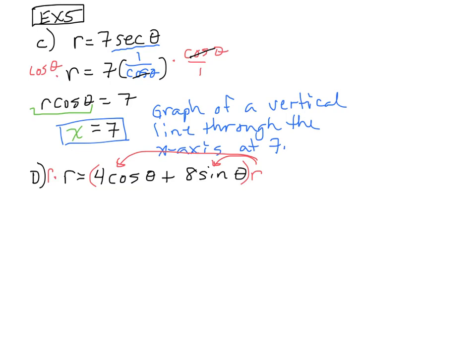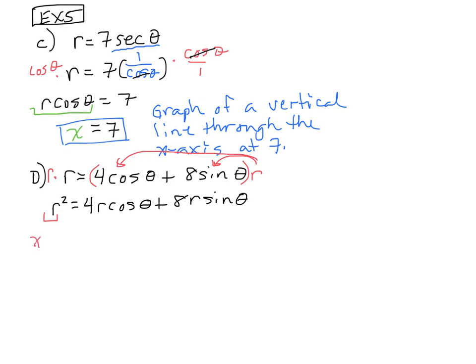So when you actually simplify that, you get r squared is equal to, and I prefer to write this r here when I distribute it in between the 4 and the cosine, because I always want it in front of the cosine. So you're going to get 4 r cosine of theta plus 8 r sine of theta. And here's where the magic occurs. What do we sub in for the r squared?